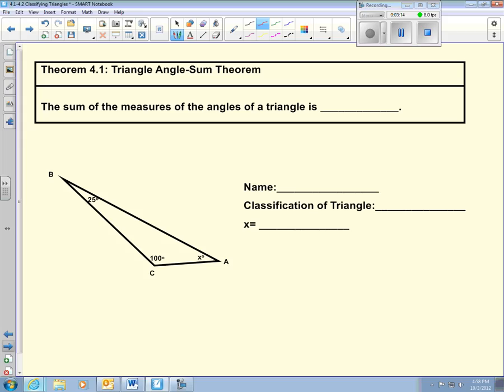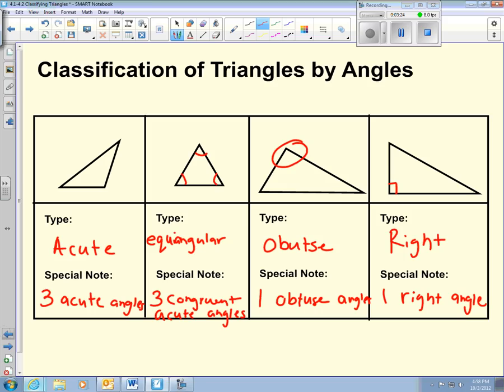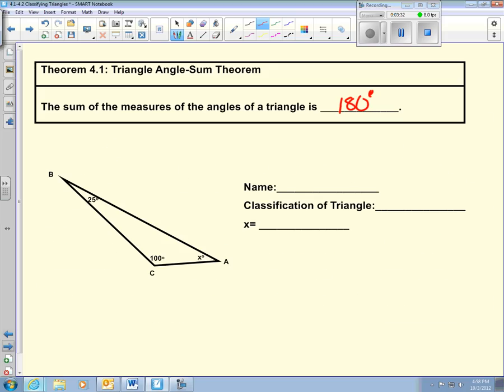The sum of the measures of the angles of a triangle is 180 degrees. If we think back to our obtuse and our right angles, if one of those is 90 degrees or larger, that for sure means that our other 2 angles are going to be smaller than 90, so that makes them acute.